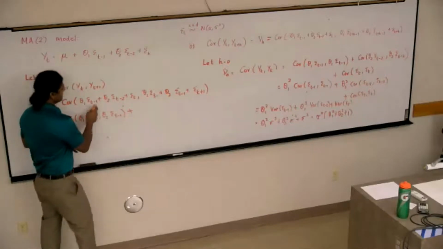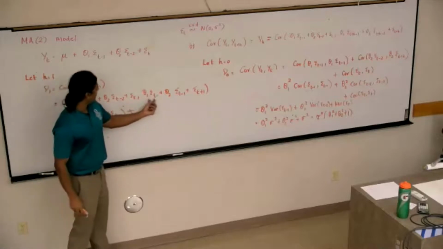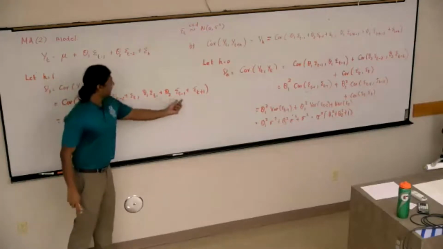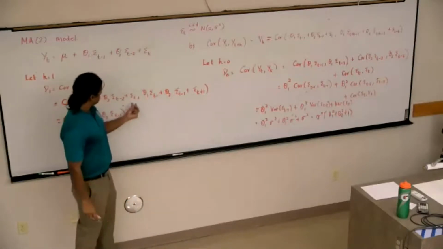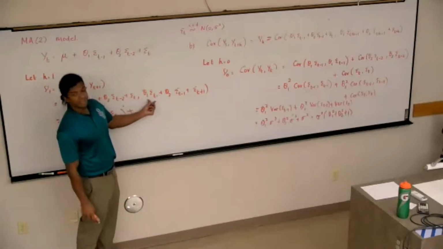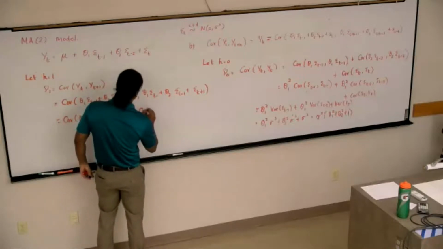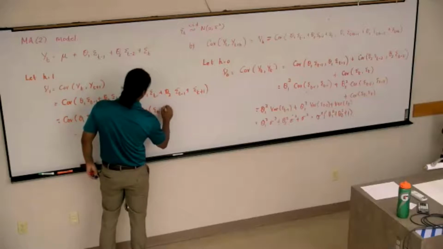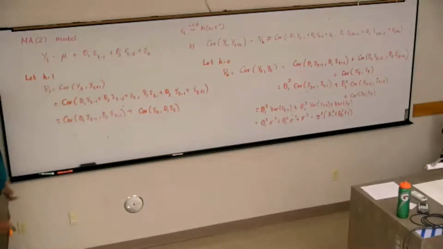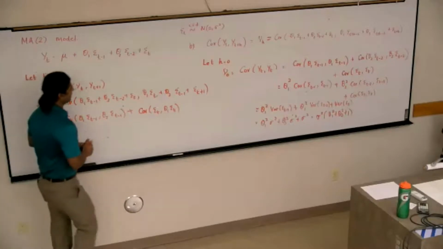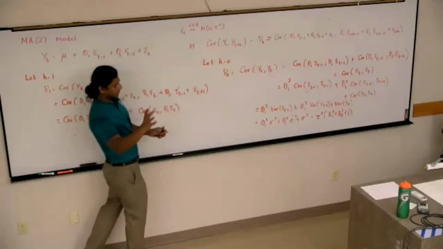No, obviously this and that doesn't match up. t minus 2, t doesn't match. t minus 2, t plus 1 doesn't match. t matches, right? The rest is all 0 because epsilon t minus 1 does not match, t plus 1 does not match.